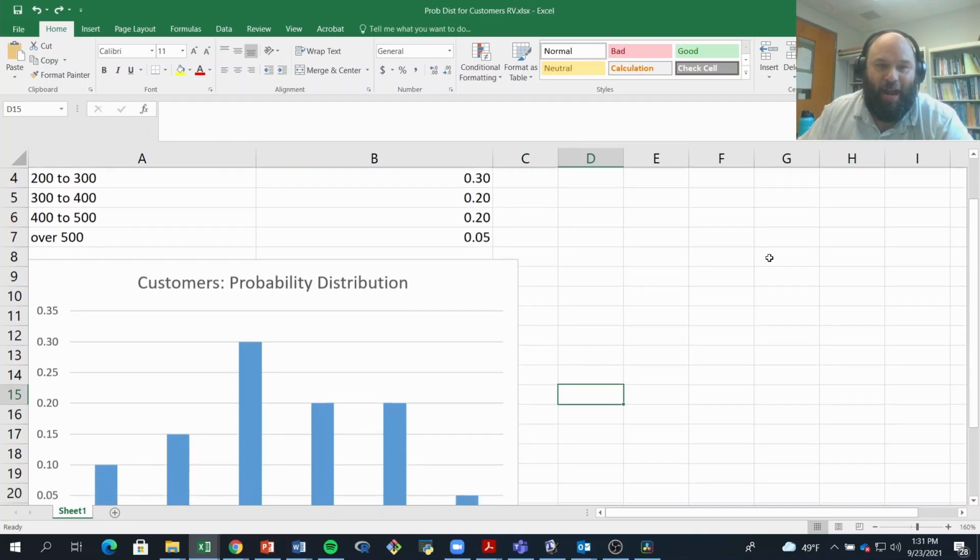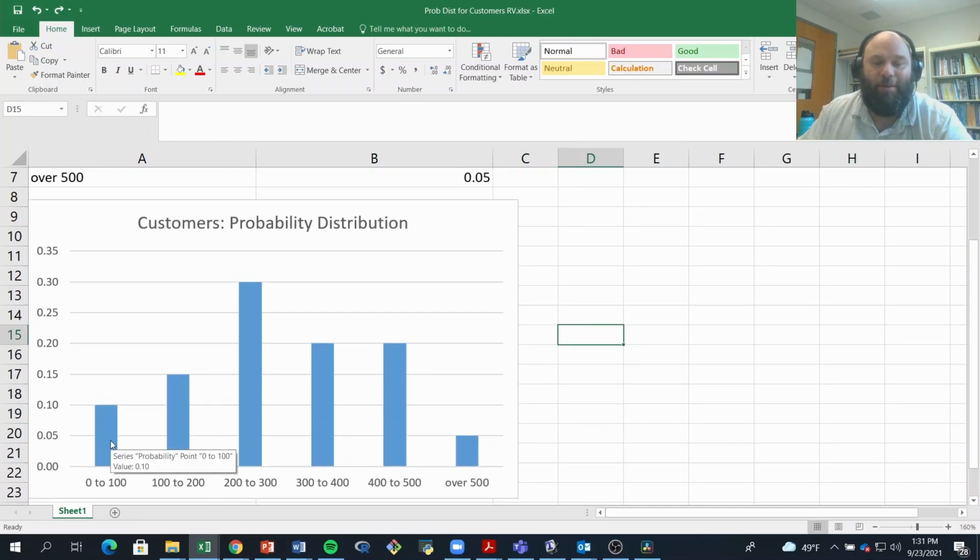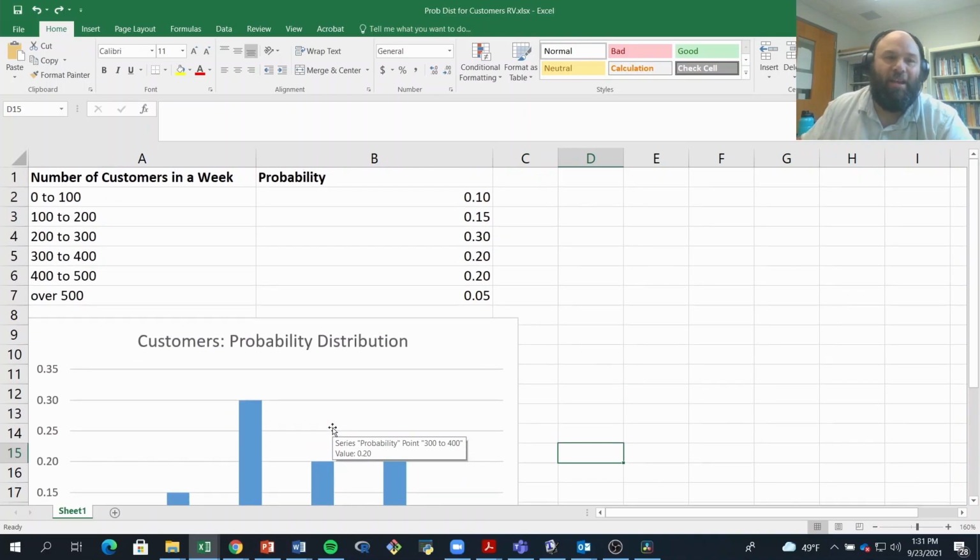And I've also made a graph of the probability distribution. You'll see along the x-axis each range of possible customer numbers, and the height of the bars tell you the probability that the number of customers will fall in one of these bins. Since none of these bins overlap, we can combine them to figure out probabilities for larger regions.